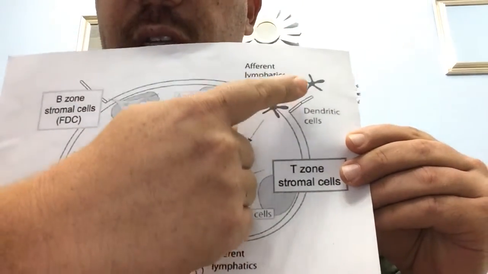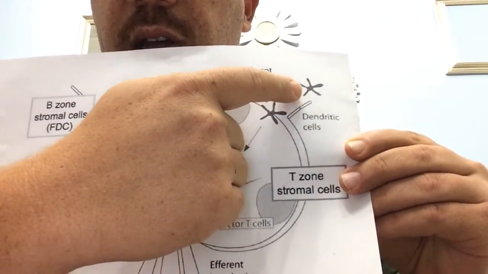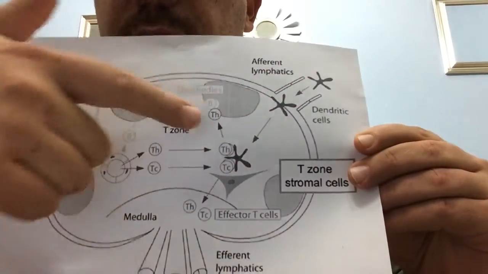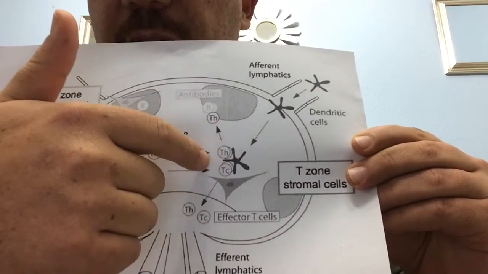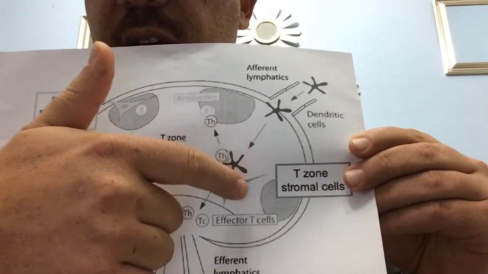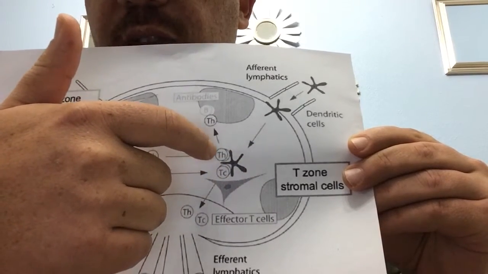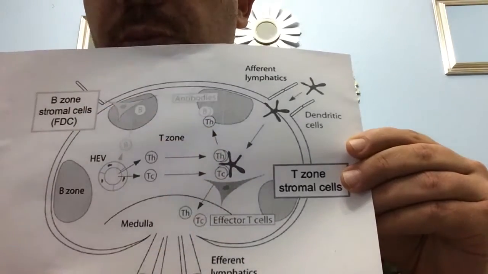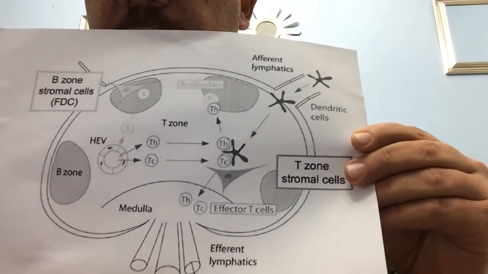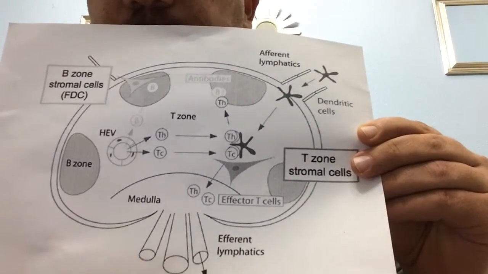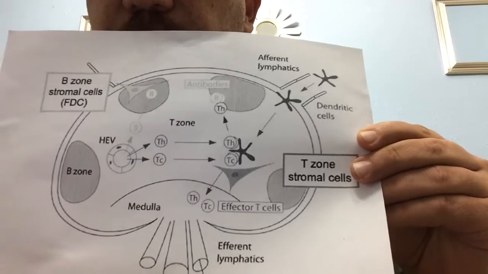You can see here the dendritic cells, which are carrying the invading microorganism, presenting them to the naive T cells, and based on the nature of this invading microorganism, CD4 plus or CD8 plus T cells can get involved.